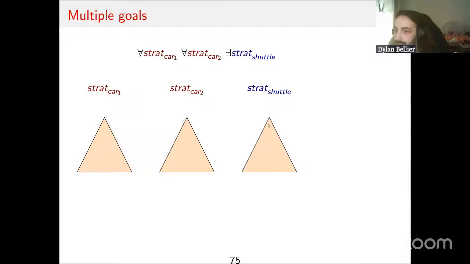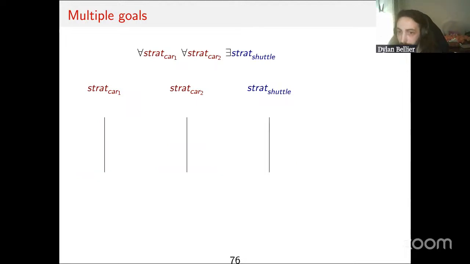And so the strategy of the shuttle can say, against this history, I do that, but against this different strategy, I do something else. When we have plans, there is a problem because here, the strategy of the car 1 will say, I want to go left. The strategy of the car 2 says, I want to go right. The shuttle knows those differences.